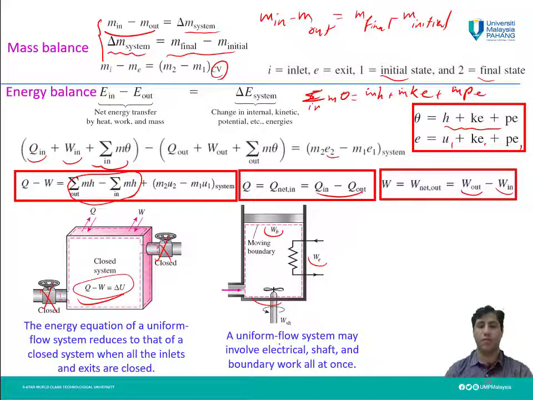So for a uniform flow system, we have electrical, shaft, boundary work all at once together for a control volume. In a few examples, next slide, we will see how we can use this information to find different properties for unsteady flow, by selection of appropriate control volume and using these equations.